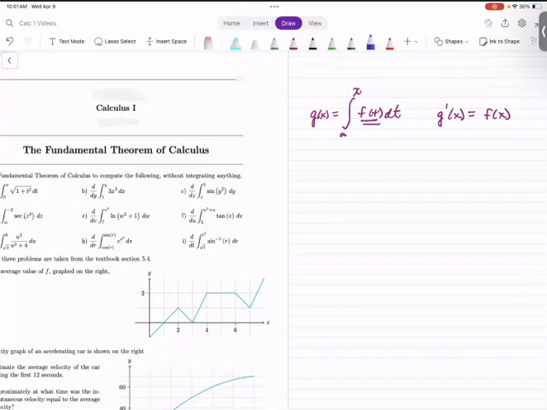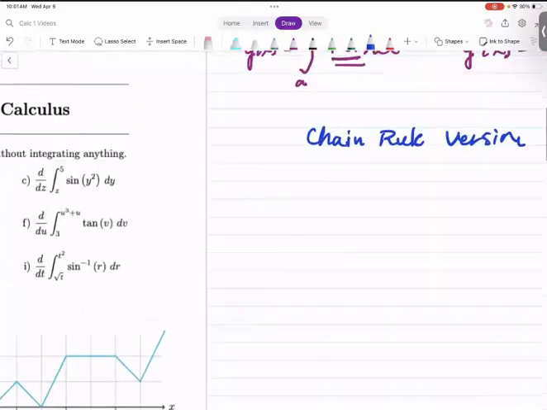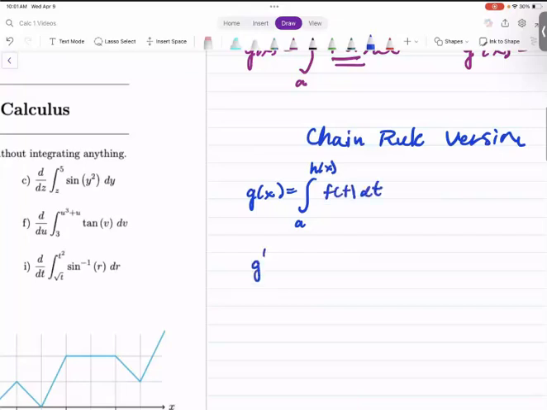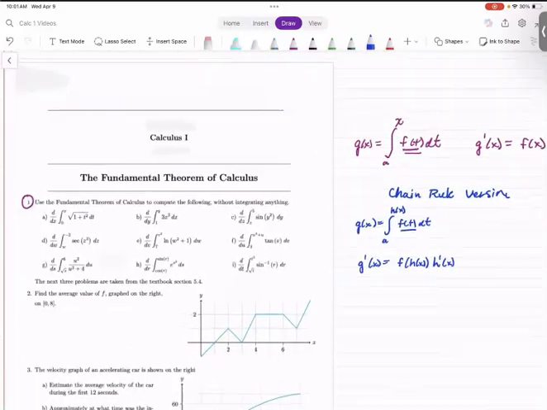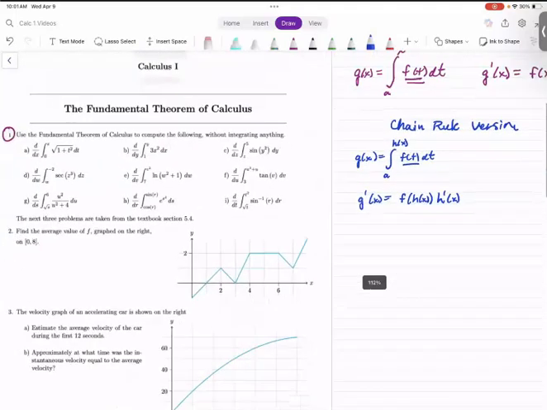We also have the chain rule version, and that is if we have g of x equal to the integral from a up to some function h of x of f of t dt, then the derivative of g this time is our function evaluated at that right endpoint, h of x, then times the derivative of h of x. So that's what we're going to be utilizing here in question 1. So we'll try to write them over here on the side.